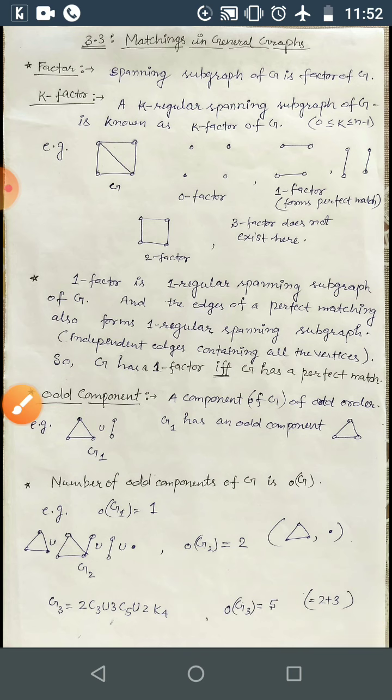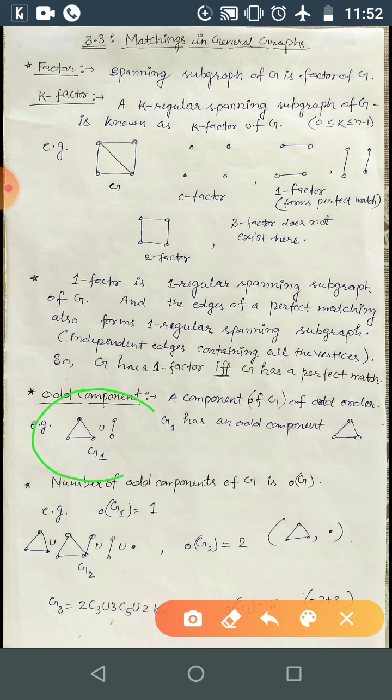For example, you can consider here is the graph, here we have two components of G, one is C3, another is K2. K2 is of even order, so this is not an odd component, this is an odd component. C3 is a component of G with odd order, meaning the order of this C3 is 3, that's why this forms an odd component, okay.